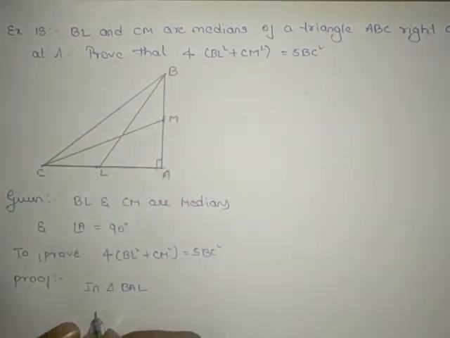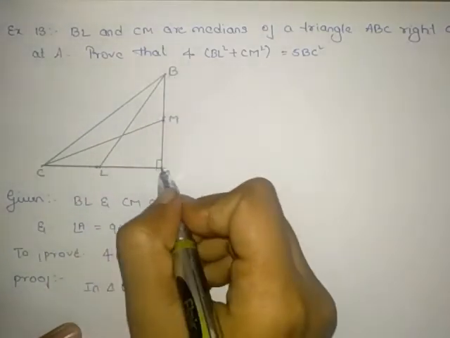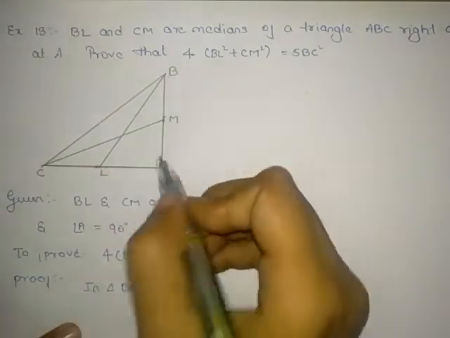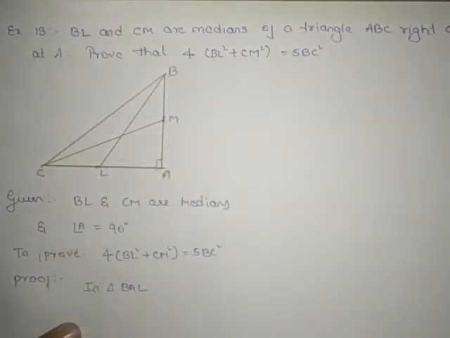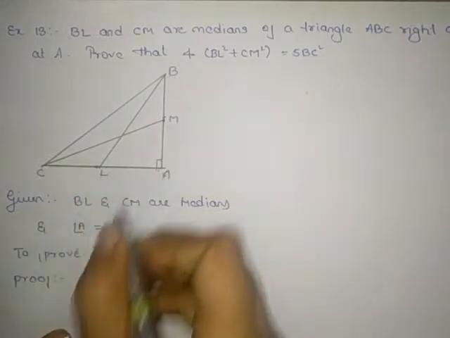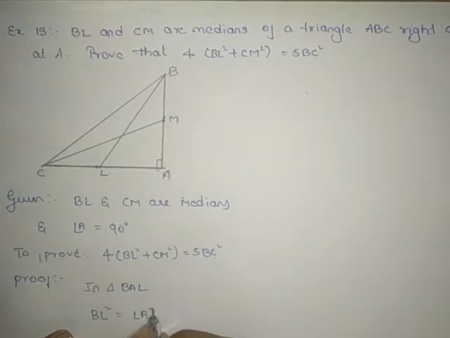BL, right? You know how to find the hypotenuse, that is the side which is opposite to the right angle. That side is called the hypotenuse side, isn't it? So we'll write BL square is equal to the 2 sides, LA square or AL square plus AB square. We'll call this equation 1.